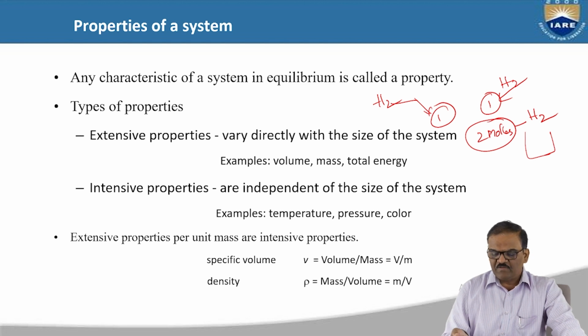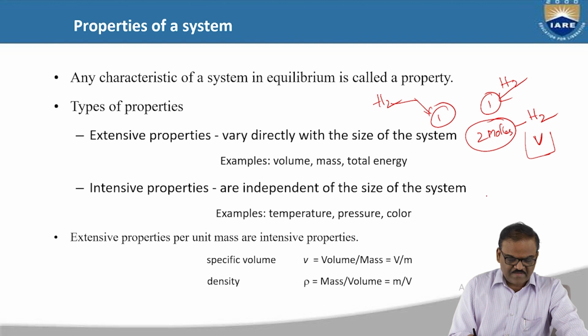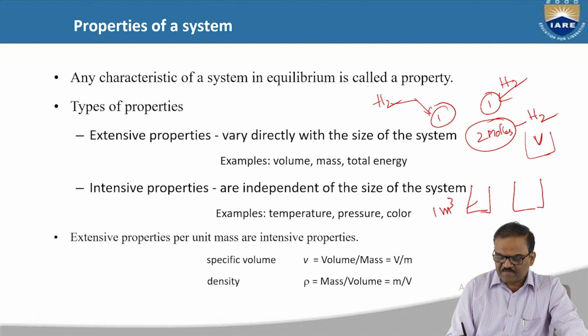Okay. So volume, here you can say, is an extensive property. Now consider intensive properties. There is one system with 1 meter cube, and there can be another system with 2 meter cube volume.